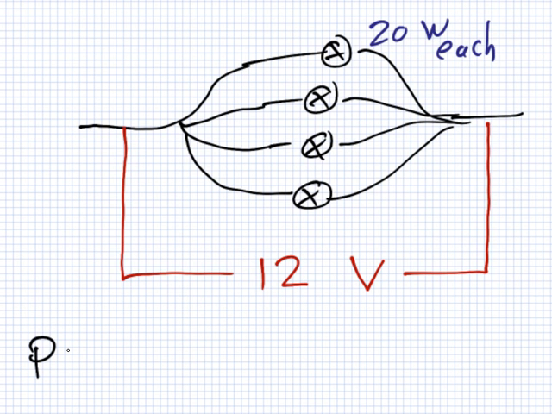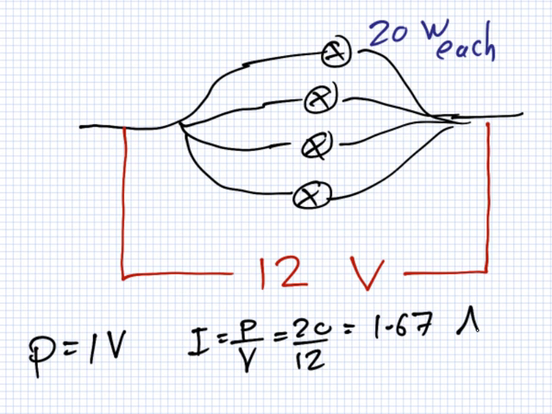Okay, so P equals IV. So I equals P over V, which is 20 over 12, which is 1.67 amps.